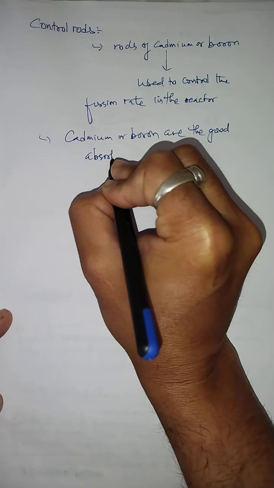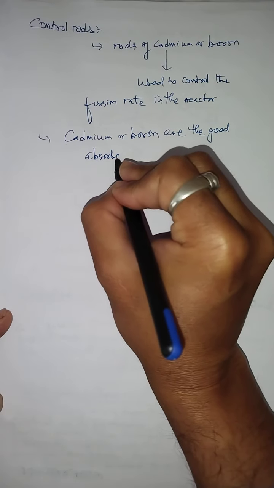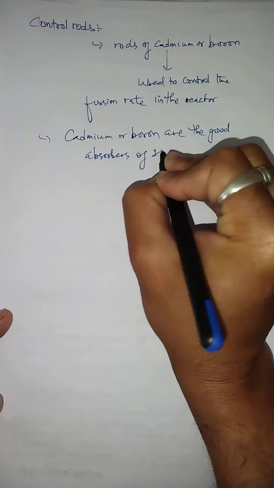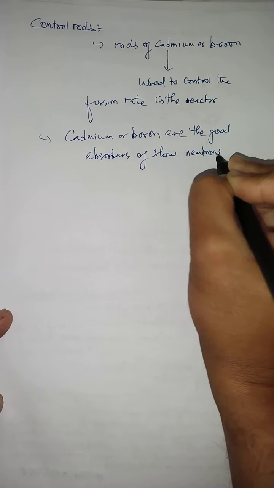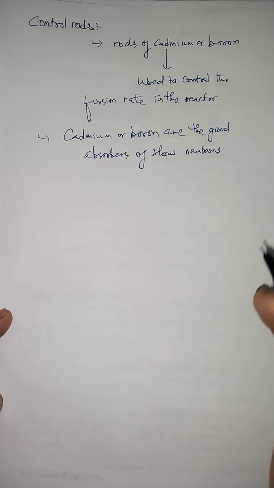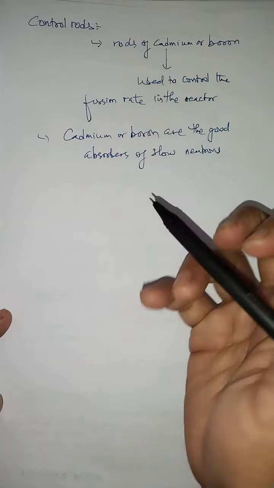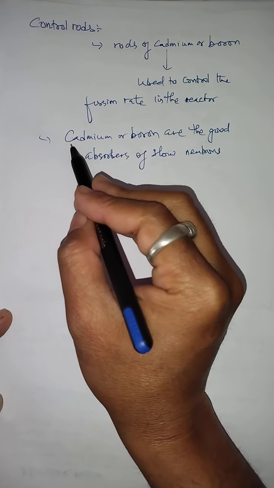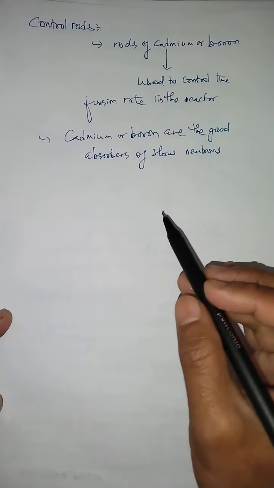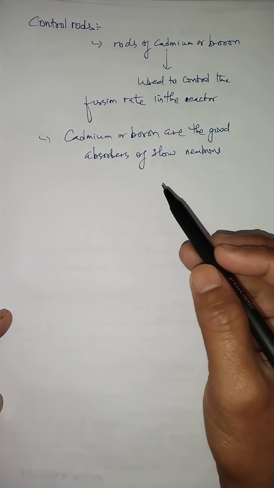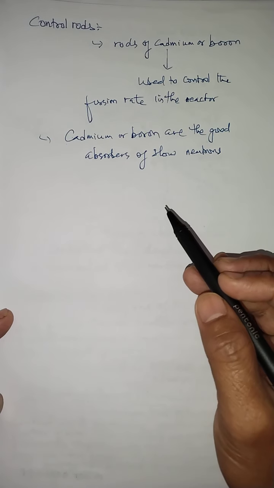The speed of the neutron is decreased by the moderator, and that slow neutron is absorbed by the cadmium rod or boron rod, which is why they are simply called control rods. So cadmium or boron is used as a control rod because they are good absorbers of slow neutrons.